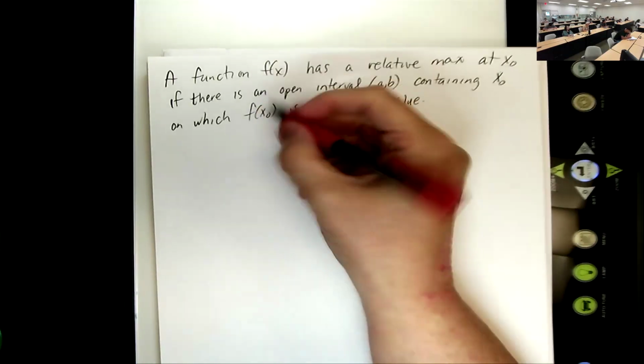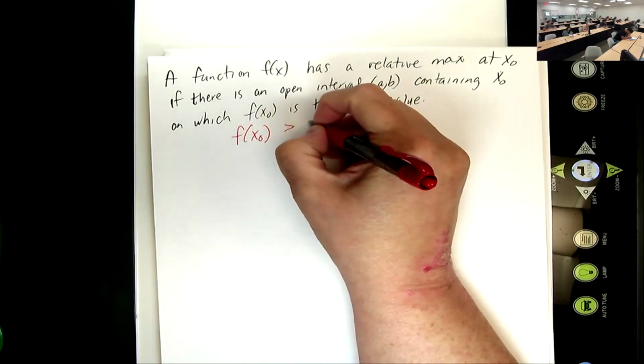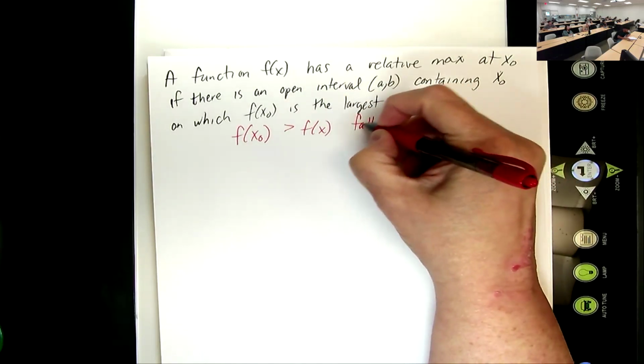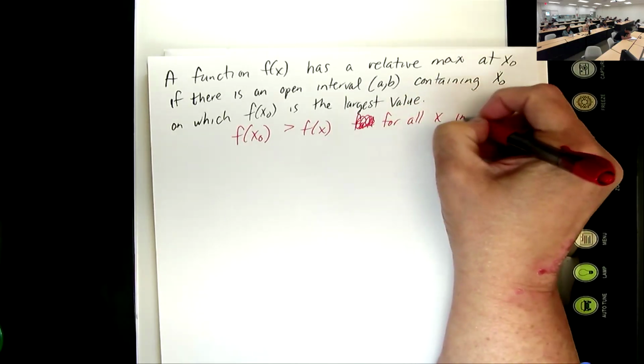What does that mean? It means f of x naught is greater than f of x for all x in the interval.